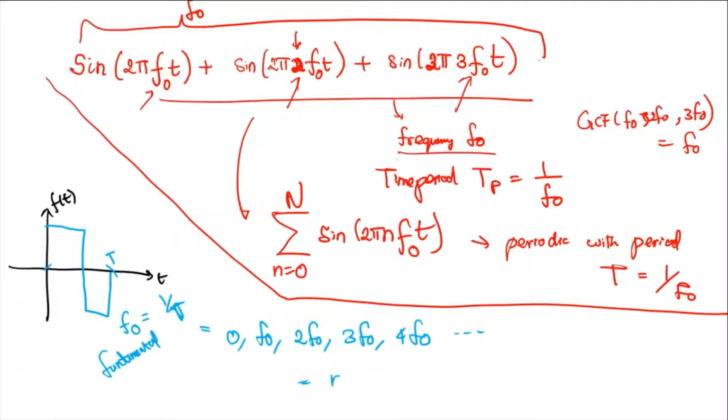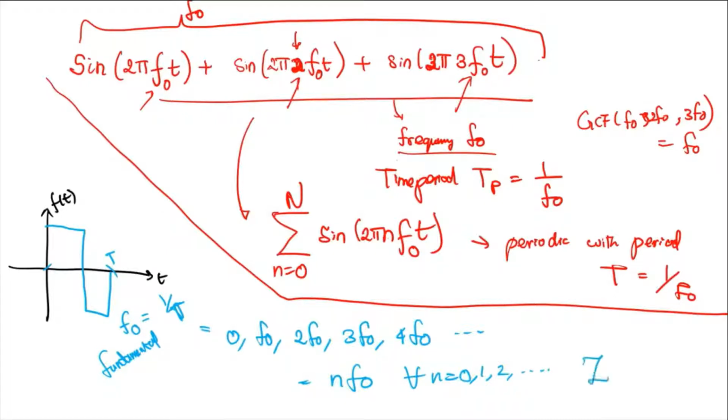So basically n times f naught for all n equals 0, 1, 2, or integers. So these are the frequencies that would be needed to represent any periodic function with period T, which is pretty cool.